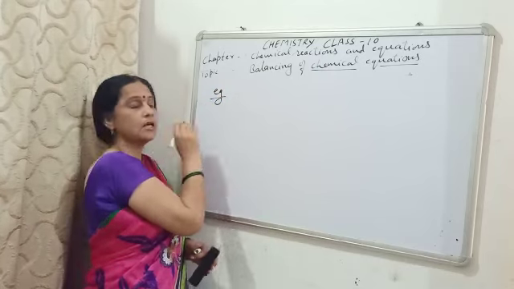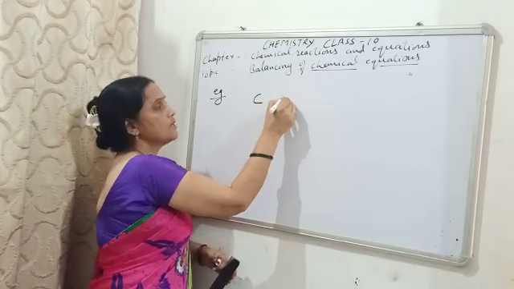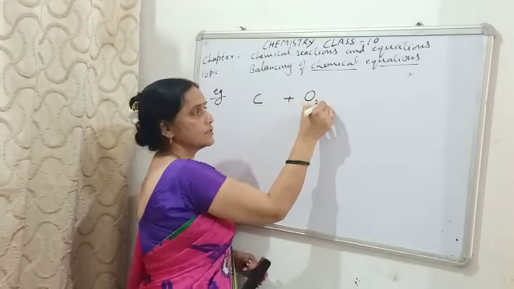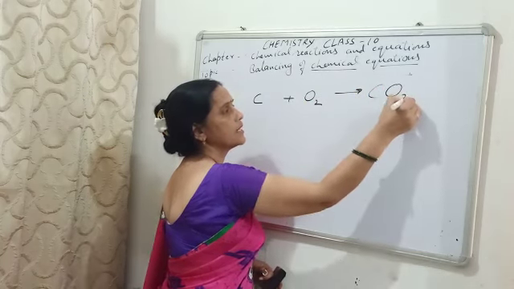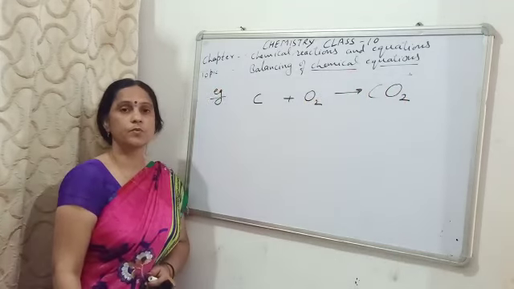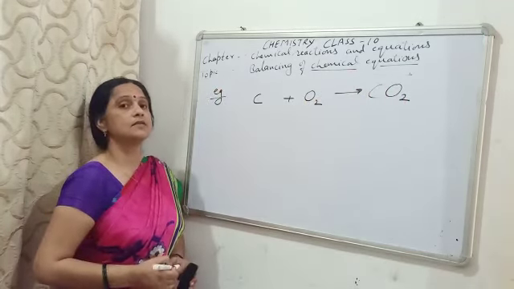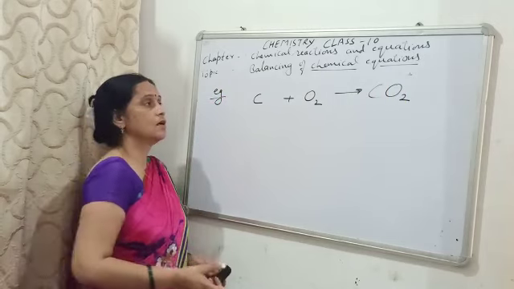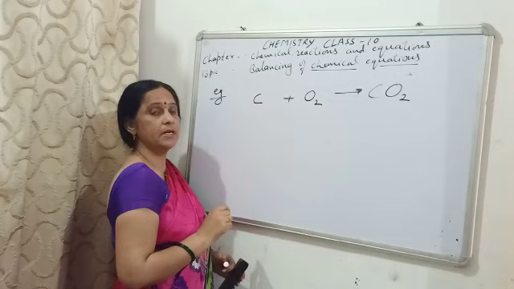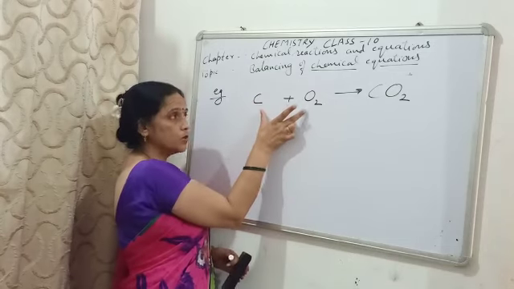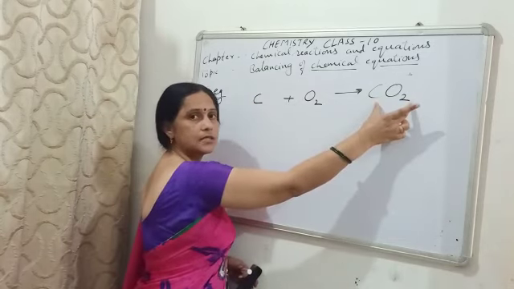For example, when carbon reacts with oxygen, it forms carbon dioxide, CO2. During the balancing of an equation, the number of atoms of each element should be equal on both reactant and product side.